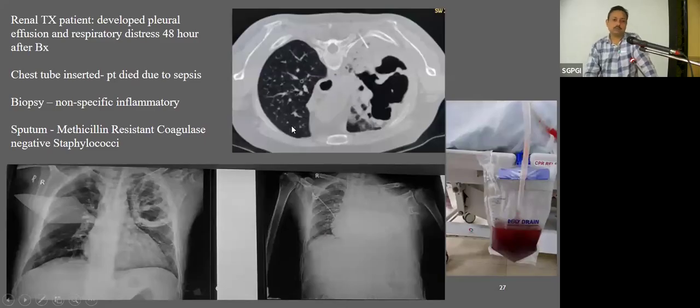The biopsy diagnosis was non-specific inflammation, but one of his sputum reports showed methicillin-resistant coagulase-negative staphylococci. So most likely we contaminated the pleural space as we were going into the lesion, and subsequently, due to infection in the pleural space, this patient worsened. However, that is the only way we can go into the lung without transgressing the pleura. We cannot go into the lung otherwise.